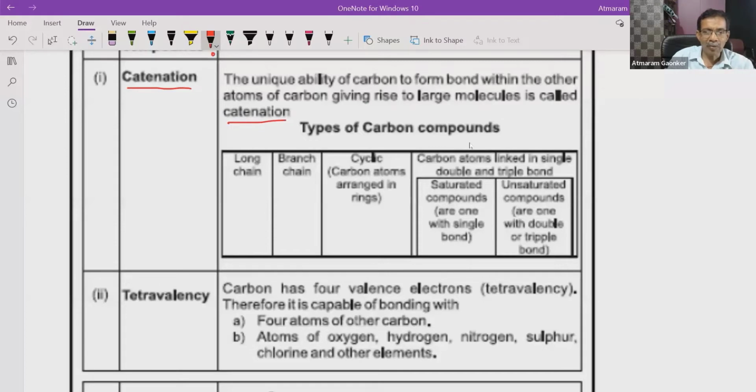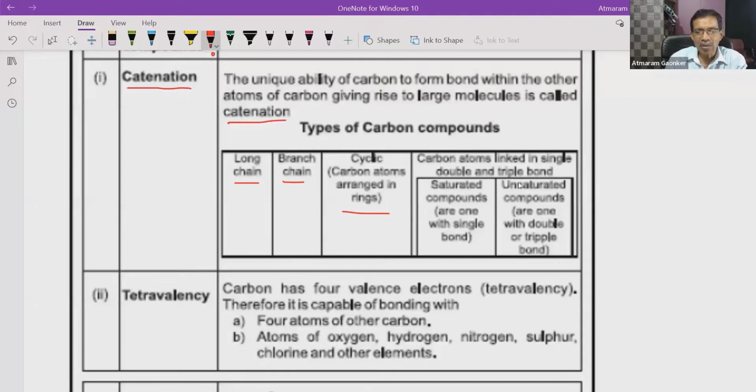So what are the types of compounds available with the help of catenation? One is called the long chain, another one is called the branch chain. The third one is called cyclic, that is carbon atoms arranged in rings, which we will see later on. Here you just have to know that the types of carbon compounds are long chain, branch chain, and cyclic, that is arranged in rings.